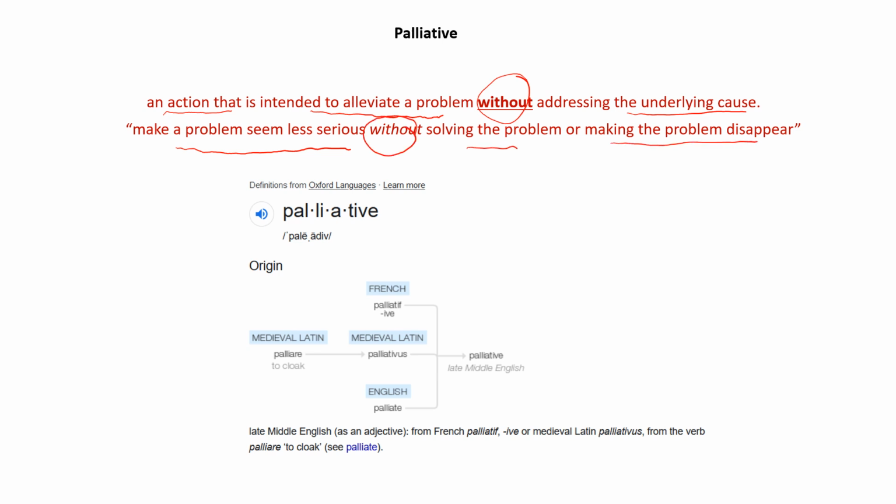the problem disappear altogether. The denotation or the underlying meaning of palliative is from the etymological root of palliare, that is to cover with a cloak or conceal. It springs from the idea of spreading a palliare or cloth over a coffin with the intent of hiding the dead body.